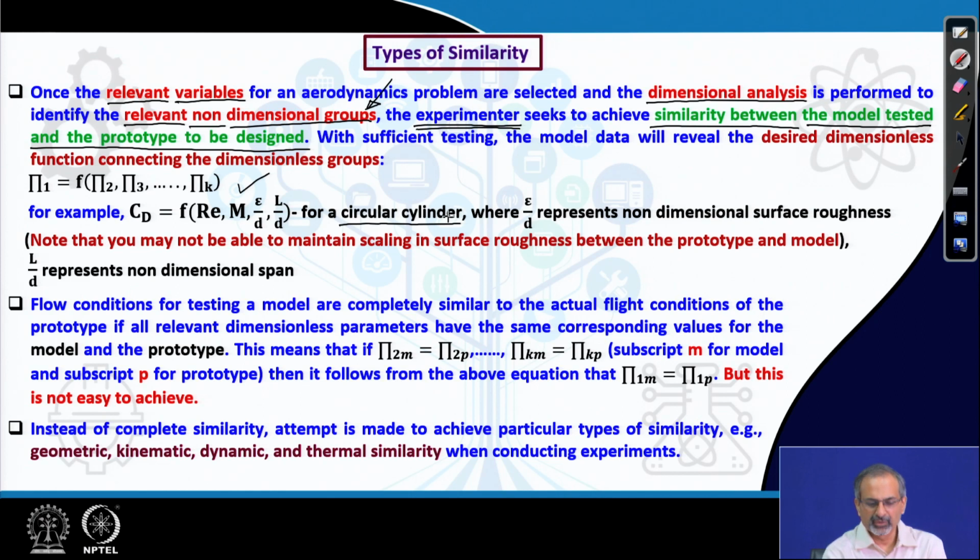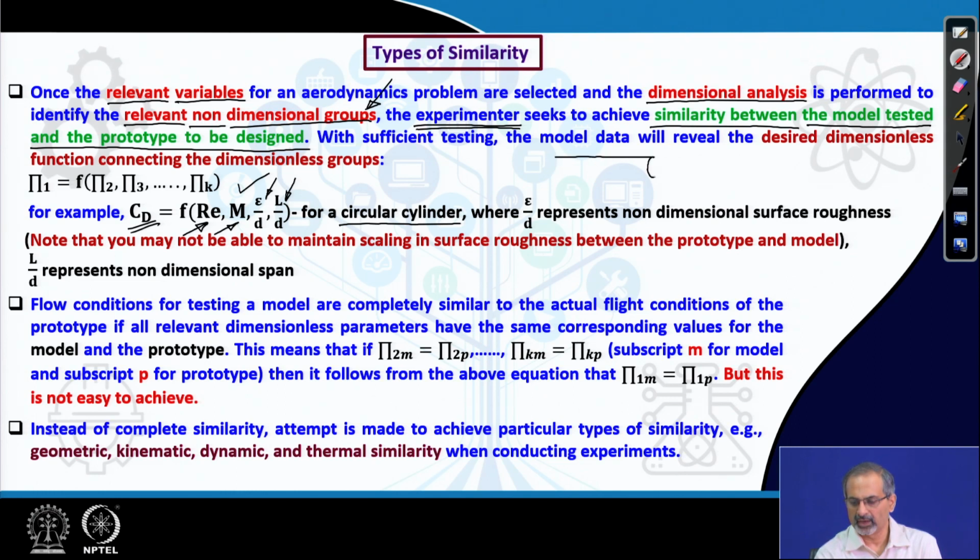Let us say you have come to the conclusion that for the circular cylinder experiment, the drag coefficient, which is one of the very important aspects of a circular cylinder, would be a function of Reynolds number, Mach number, some kind of non-dimensional surface roughness indicated by the parameter epsilon by d, where d is the diameter of the cylinder and epsilon is a measure of the surface roughness dimensionally, and then L by d, where L is the span of the circular cylinder.